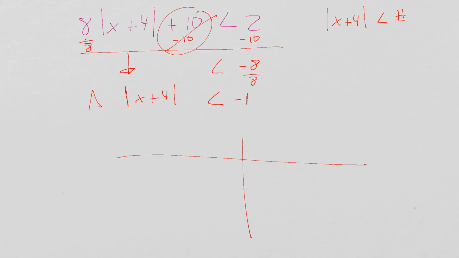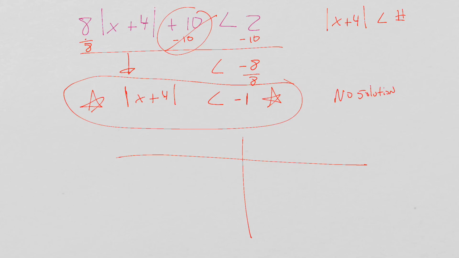And hopefully this brings up the same alarm bells you had from the last section, that the absolute value of something can't be negative. So in this scenario, we're going to wind up with no solution.